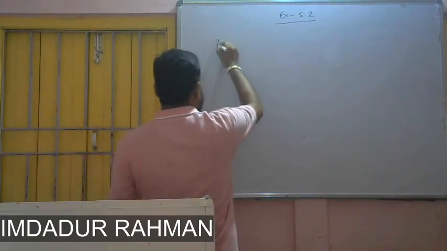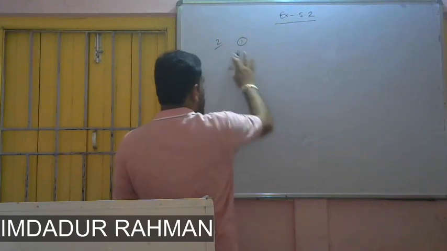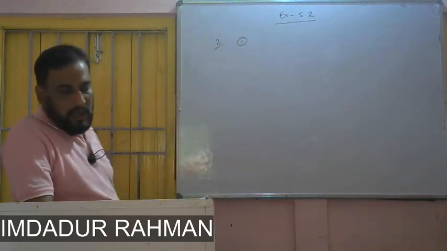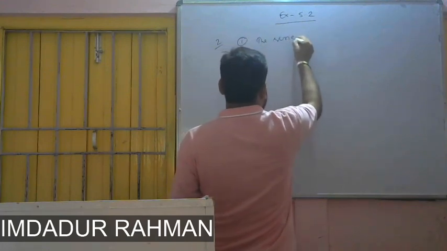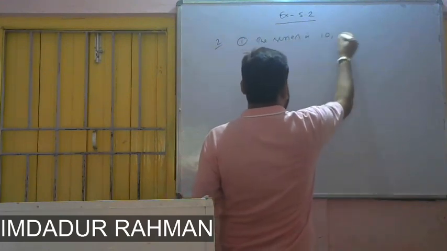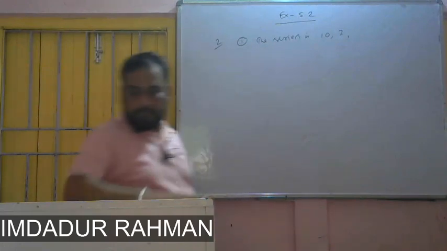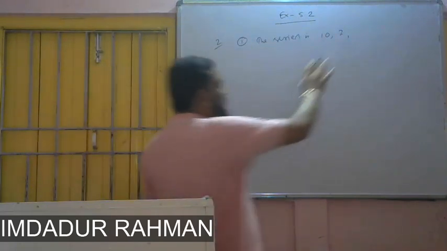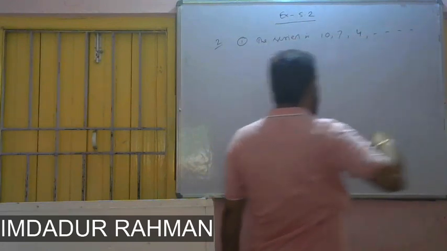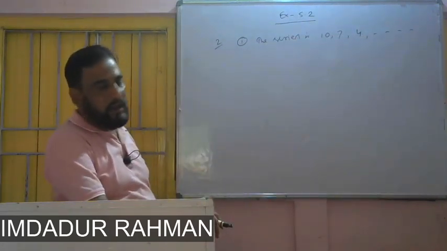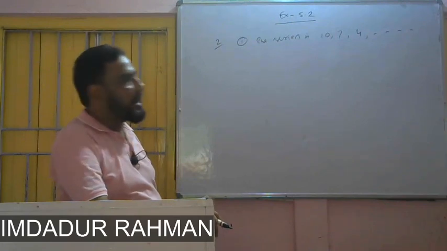Question number 2, Roman 1. The given series is 10, 7, 4 ... We have to find out the 30th term, that is A30.